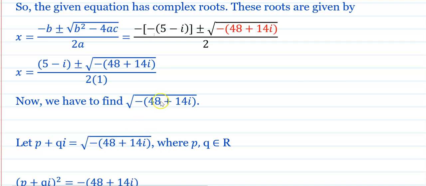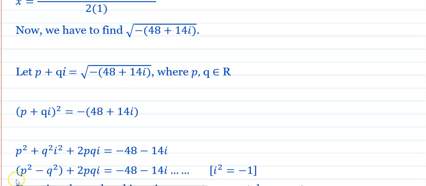Now we'll find out the square root of minus 48 plus 14i. Let p plus qi is equals to root of minus 48 plus 14i, where p, q belongs to set of real numbers.